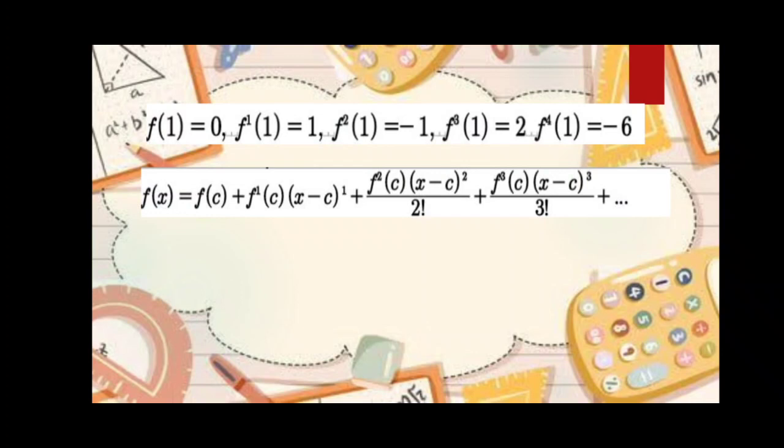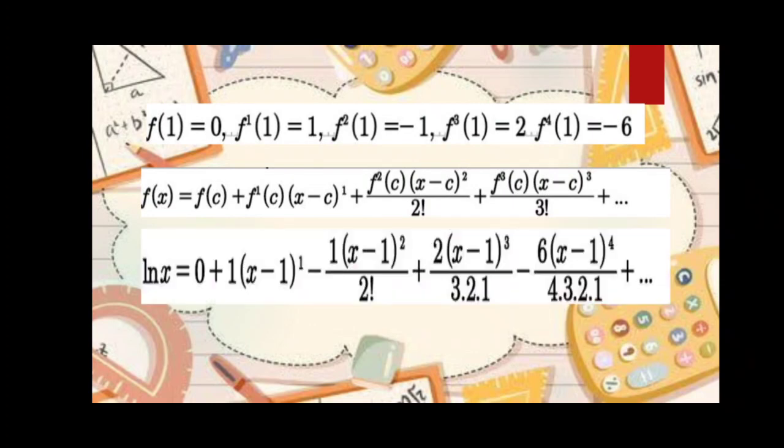So f of 1 is equal to 0 and f prime of 1 is equal to 1 and f double prime of 1 is equal to negative 1, f triple prime of 1 is equal to 2 and the fourth derivative is equal to negative 6.